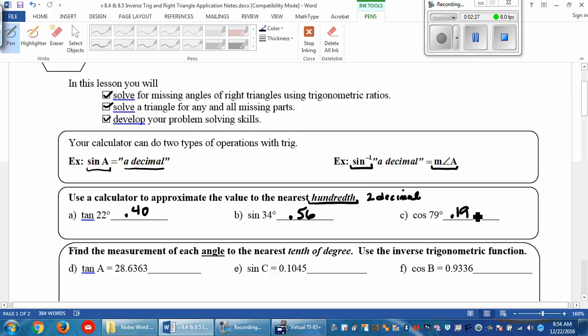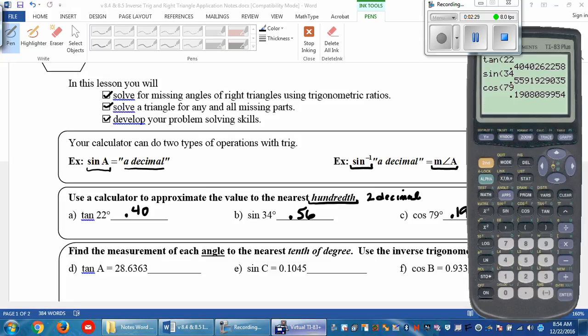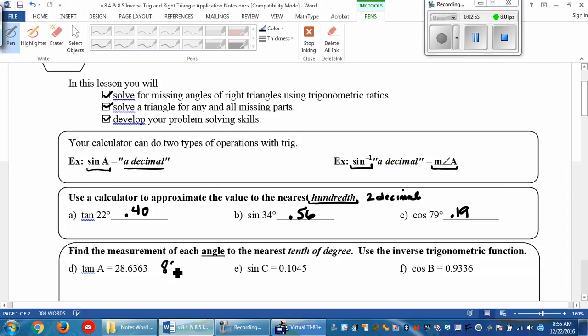Find the missing angle measure. So the other skill you need is to be able to hit second tangent, so tangent to the -1, so that inverse is what it's referring to. You put the 28.6363, enter, and we go to the 10th degree. In this case, this would be 88 degrees.